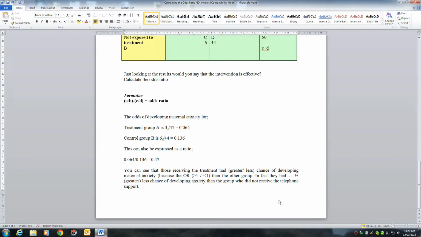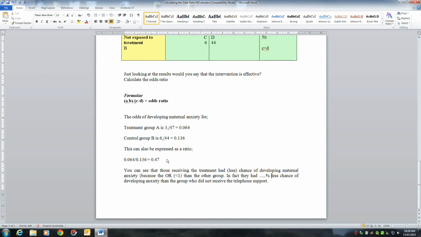So let's interpret that now. You can see that those receiving the treatment had less chance of the outcome because this odds ratio is less than 1. So how much less chance did they have?